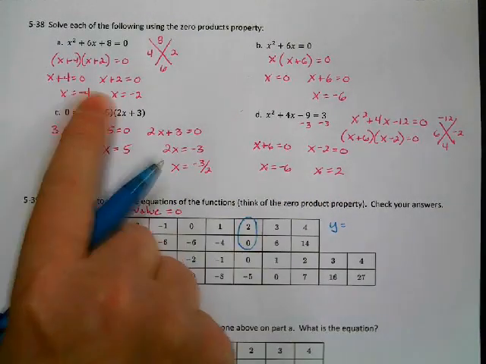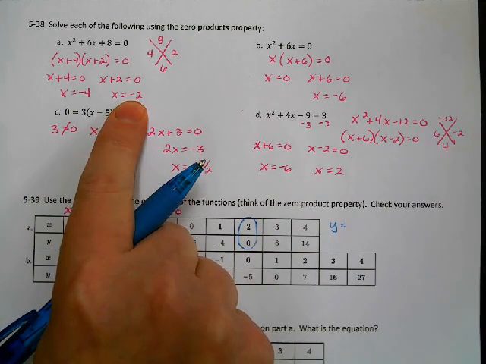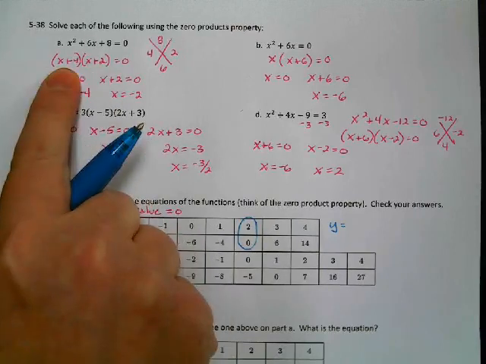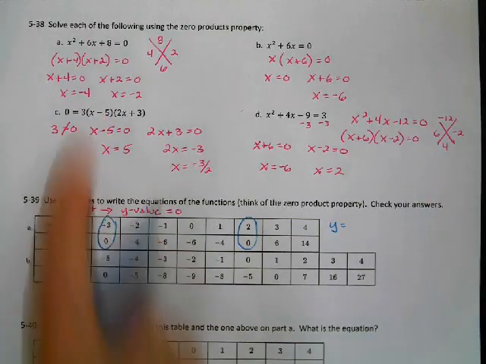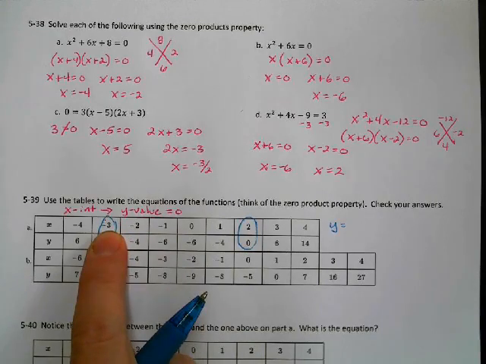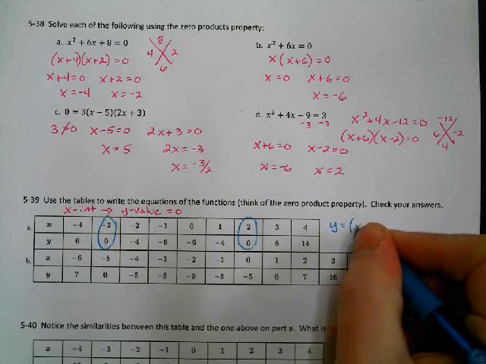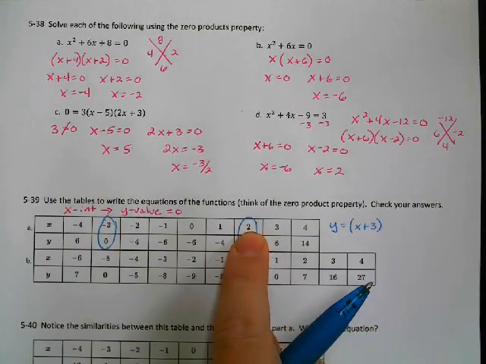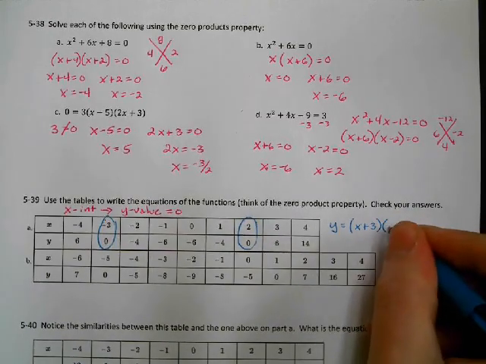See how my answers were negative 4 and negative 2, and I said those are my x-intercepts? Well, where did I get them from? I got them from these numbers up here, positive 4 and positive 2. They're the opposites. So since this is negative 3, the opposite of negative 3 would be x plus 3. Since this is positive 2 as an x-intercept, the opposite would be negative 2.